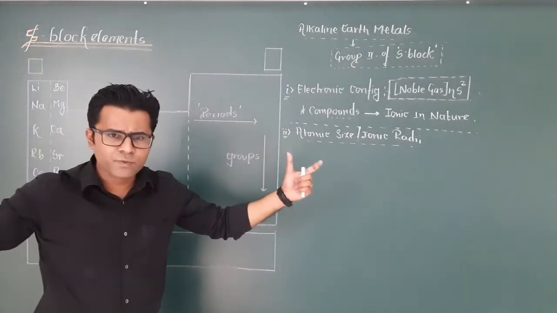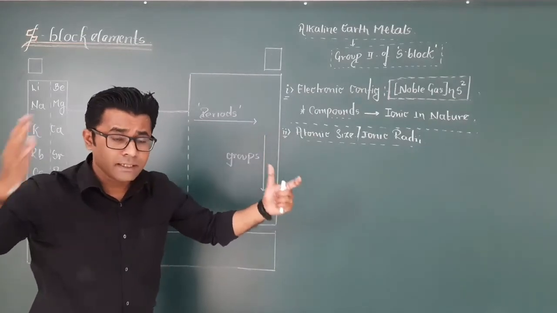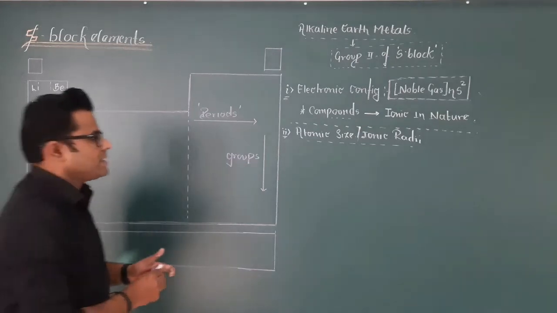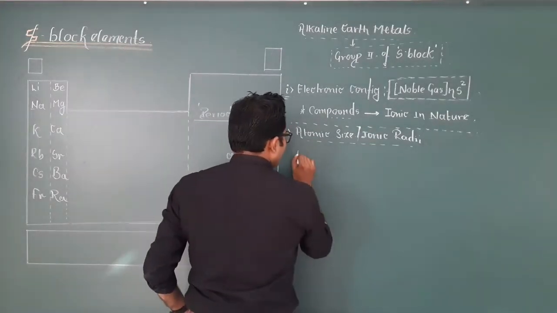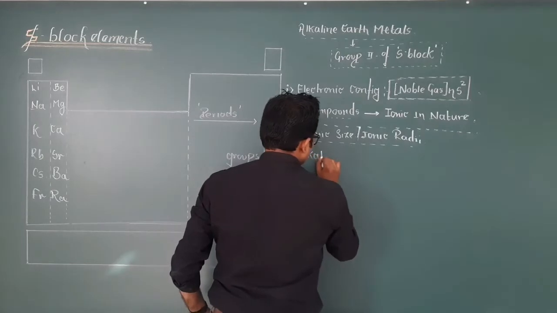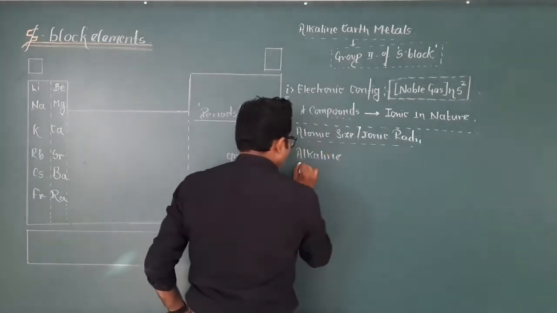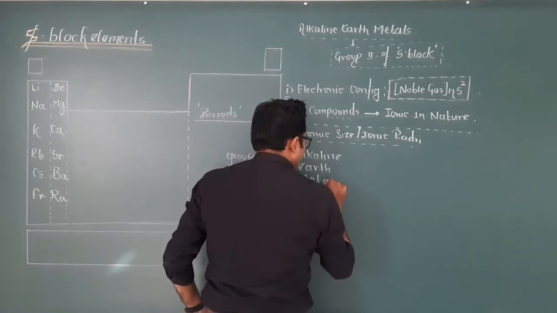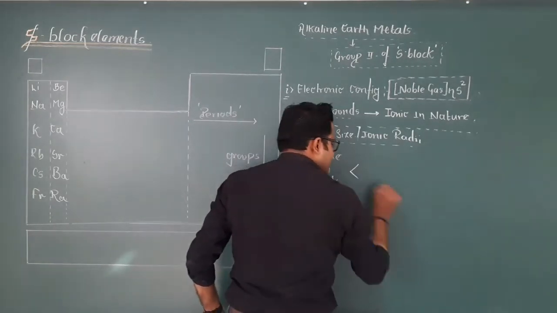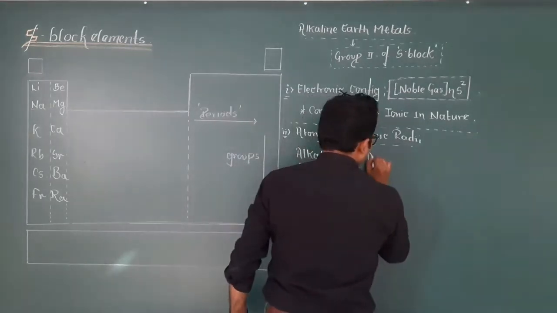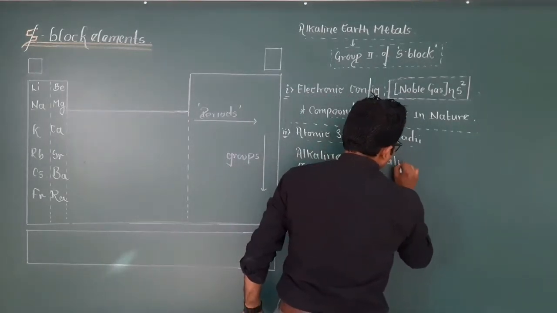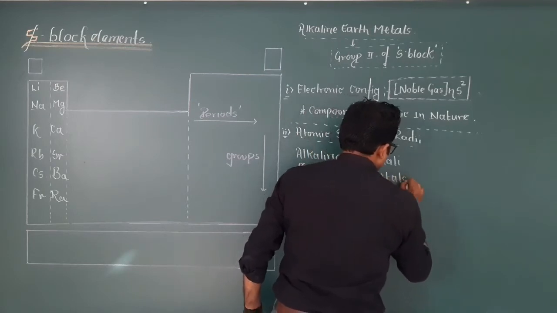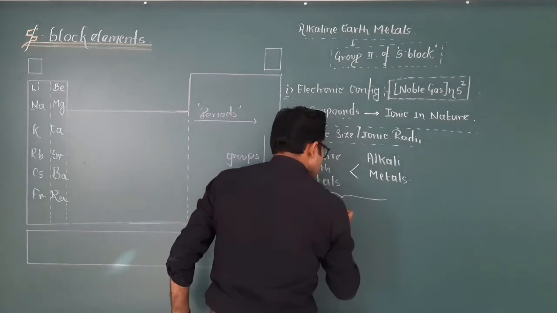Alkali metals are the largest in a particular period, right? So these elements will become a little bit smaller in size, and therefore alkaline earth metals have sizes smaller than that of the corresponding alkali metals.